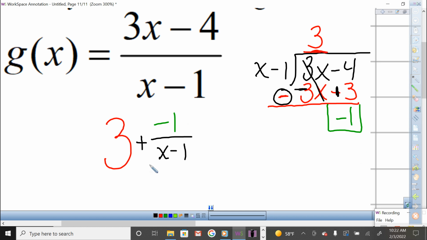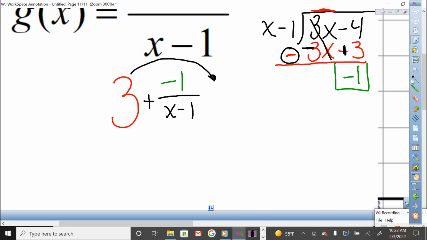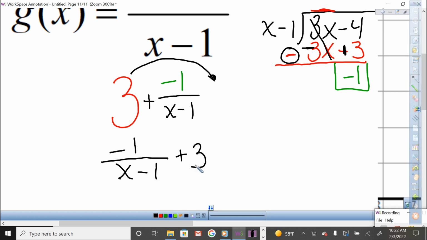However, does this look like what we've been working with? Kinda. The only thing, we need to move this one to the end, can we? Yeah, commutative property, yes? So I'm going to point an arrow that I'm going to move it over here, so like that I don't lose track. So therefore, this becomes negative 1 over x minus 1, and then the positive 3, I'm going to move it to the end.